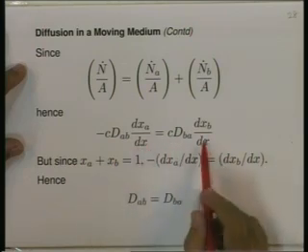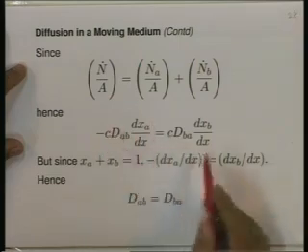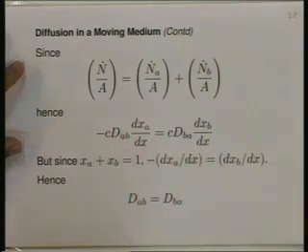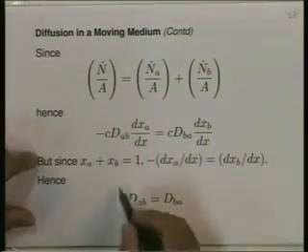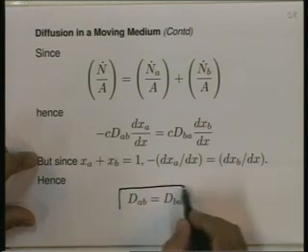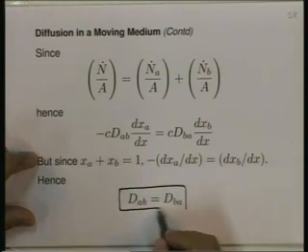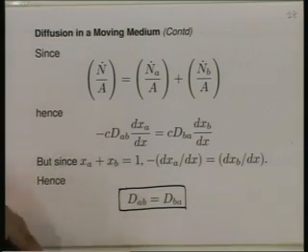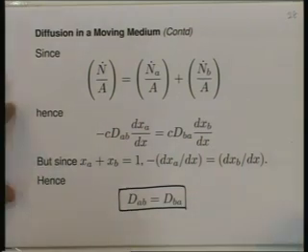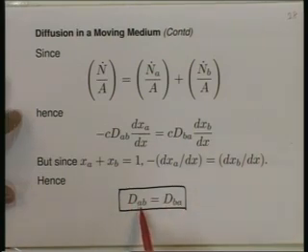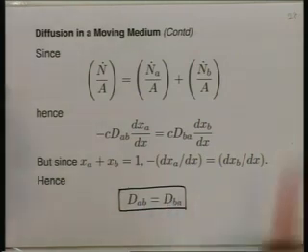And because of this, this expression simplifies to an important expression, dAB is dBA. This is an important relation which indicates that the diffusion coefficient for species A through B equals the diffusion coefficient of species B through A.